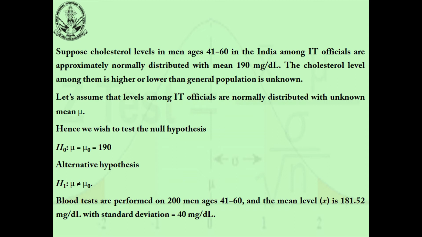For the null hypothesis, mu is equal to mu 0, which is 190, meaning both are the same. The alternative hypothesis is that both are not the same. A blood test was performed on 200 men, so that's the sample size, and the mean level is 181.52 mg per dm with a standard deviation of 40 mg per dm. We have to find the Z score.